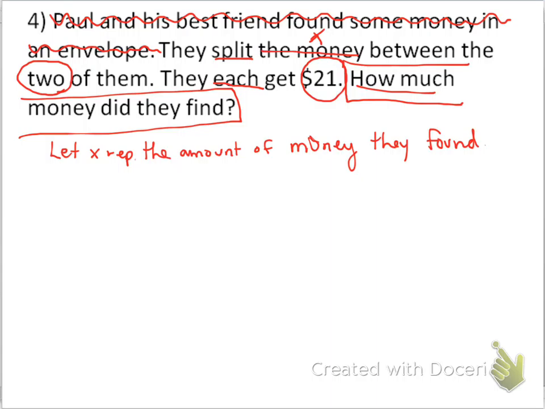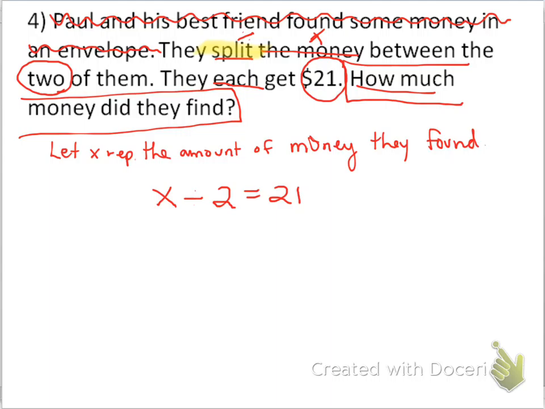So it says split. Split is one of our key words. And split means division. So that means that our operation we're going to do is division. So it says they split the money between the two of them. So we need to divide whatever money they got into 2. So that means our equation would be X divided by 2 is equal to 21. And you can see that because they split what?